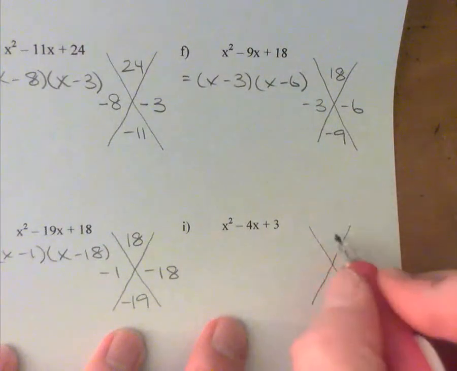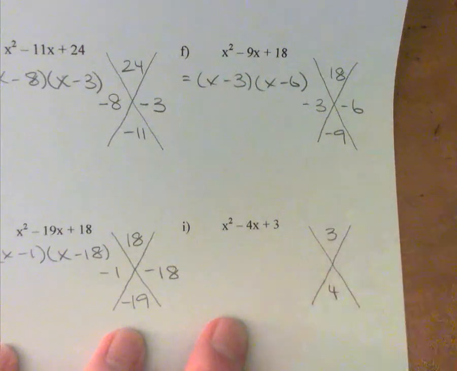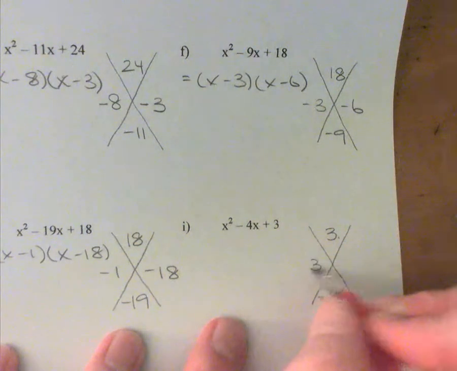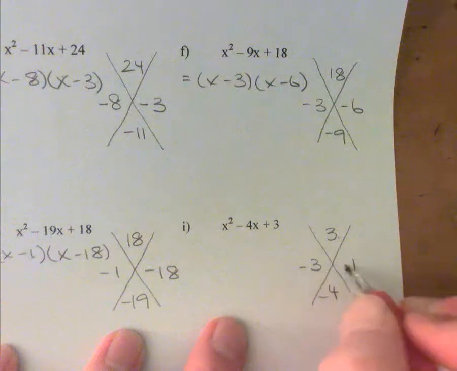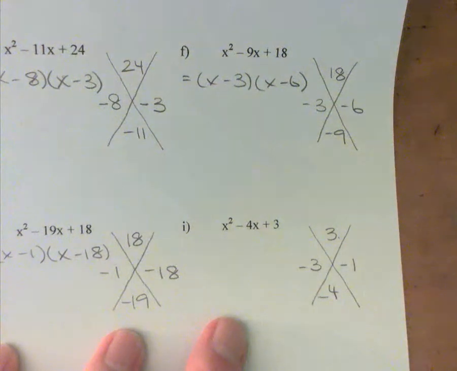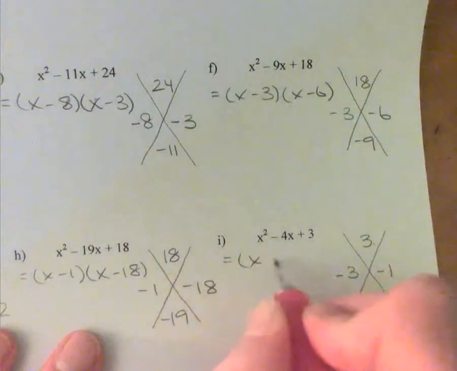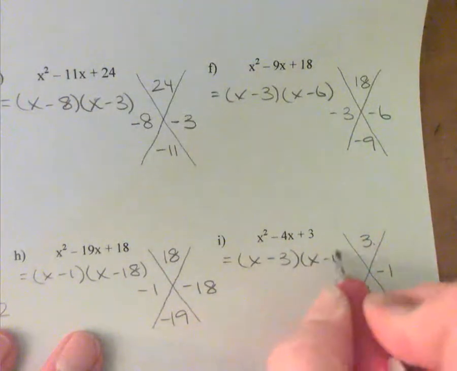So I have a product of 3 and a sum of minus 4. The only numbers that multiply to 3 are 3 and 1. They need to both be negative to get a sum of minus 4. So I have x minus 3 and x minus 1.